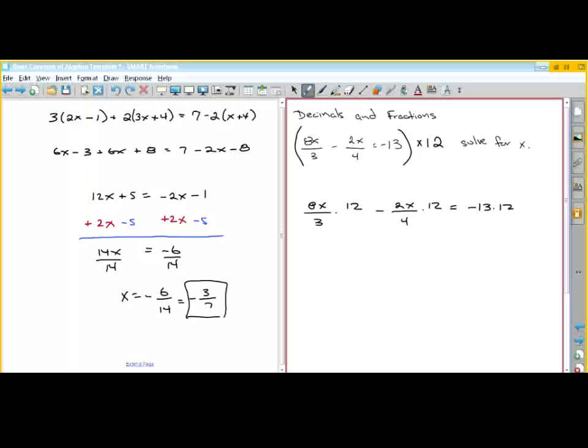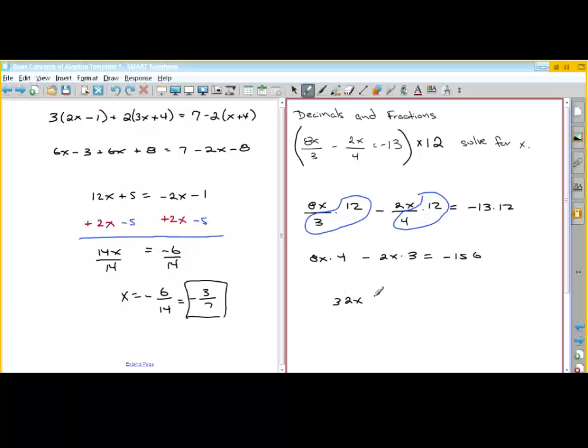And typically, you've chosen this because this times that is the result, so you can group these numbers together and simplify those, and they'll simplify to a whole number. So what you end up with is 8x times 4, since 12 divided by 3 is 4, minus 2x times 3 is equal to negative 156.